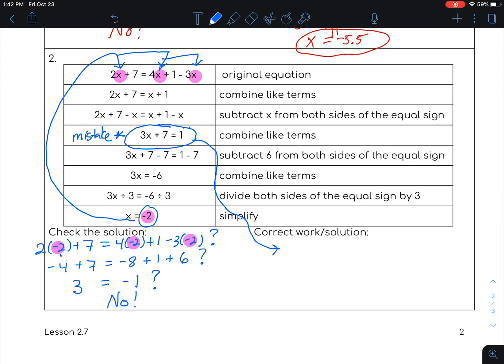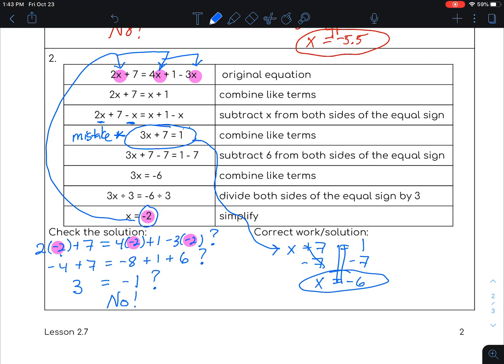Let's bring that down here. Looking at these like terms, instead of 3x we should have a positive 1x, or just x, plus 7 equals 1. That's a pretty quick one to solve then. We'll subtract 7 from both sides, and we get x is equal to negative 6.